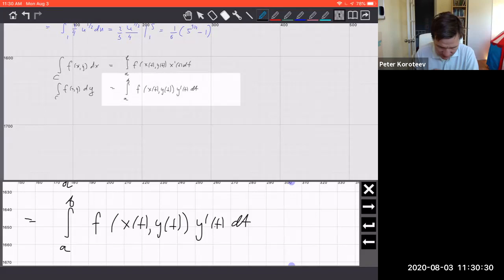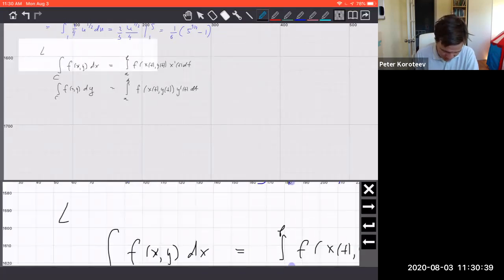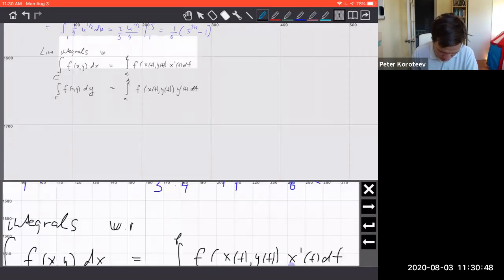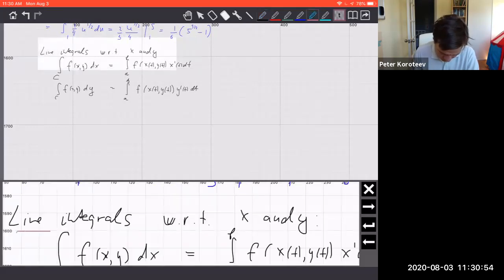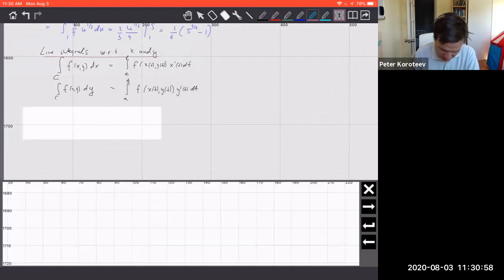You can call these line integrals, or curve integrals, with respect to x and with respect to y. A practical application of this is the calculation of the center of mass.